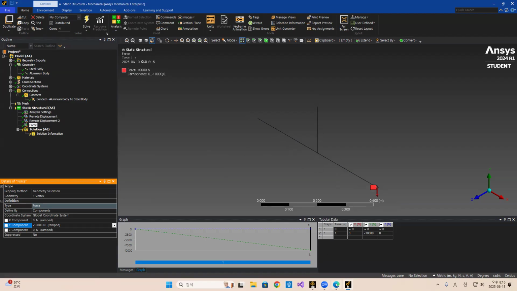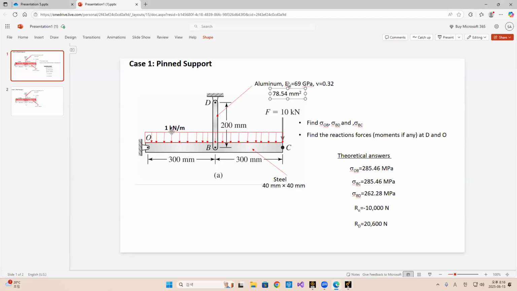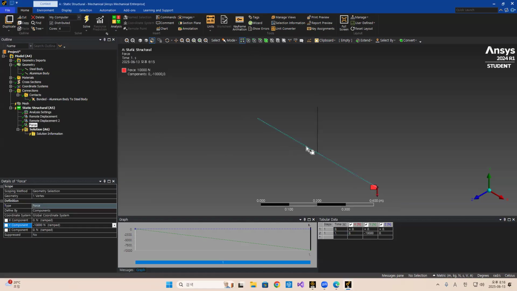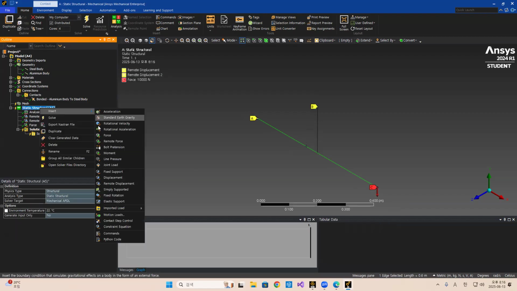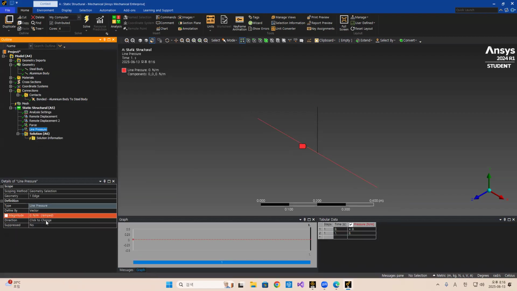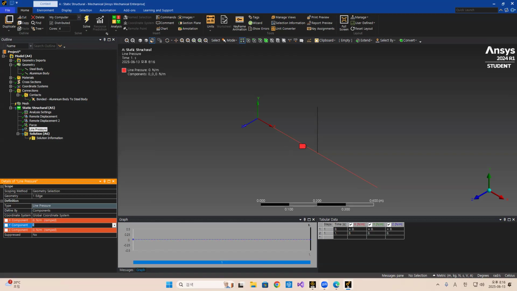on the steel bar there is a distributed load. Distributed load can be given by line pressure, right? So select this bar and insert line pressure. Line pressure means distributed load, and that is also component-wise.